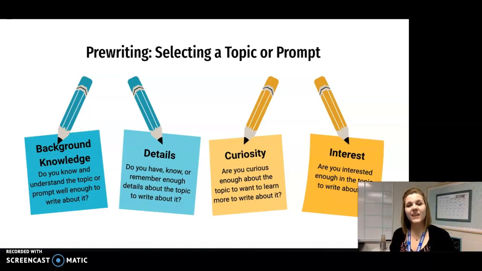So again, as I give you the different prompts to choose from, be sure to select a prompt that you know a lot about, that you'll have enough details for, that you're curious to learn more about, and that you're just plain interested in. If you are interested in the topic that you've selected, you're more likely to be successful in writing your essay.